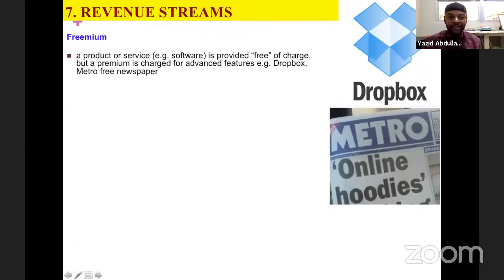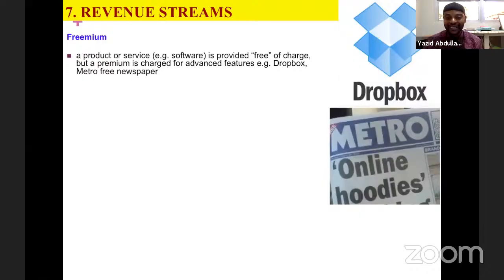So a freemium model is a business that offers something for free and then charges some other customers. An example is Dropbox. Dropbox is a cloud storage company. You can store many things in the cloud. Now, the first year you register for Dropbox, you're very, very happy, right? They tell you Dropbox is free and you register and you're really, really happy. By the end of the first year, what happens? They start sending you emails. Your space is running out, right? You have to upgrade your account.